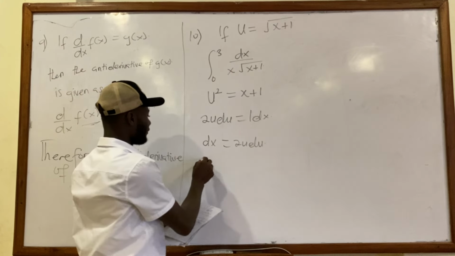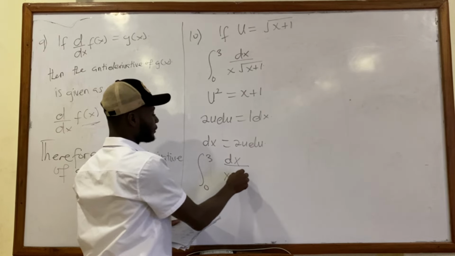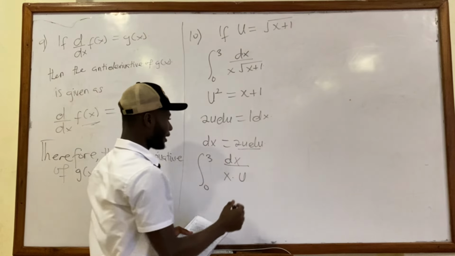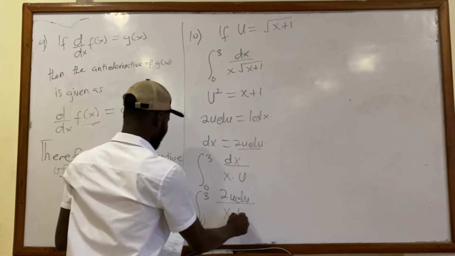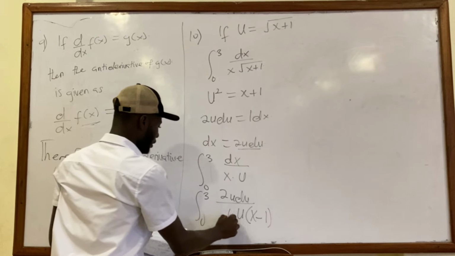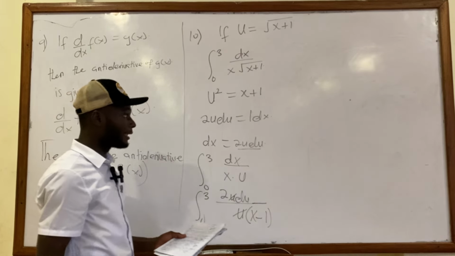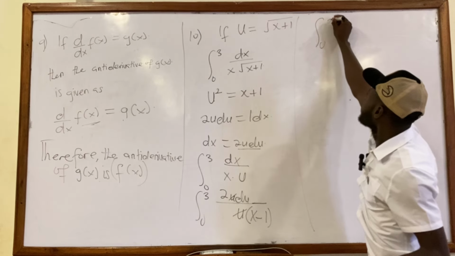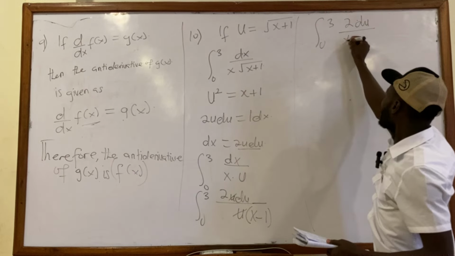We have the integral from 0 to 3 of dx over x times u, and with dx equal to 2u du, we have 2u du all over (u squared minus 1) times u. This cancels, and we are going to have 2 du over u squared minus 1.